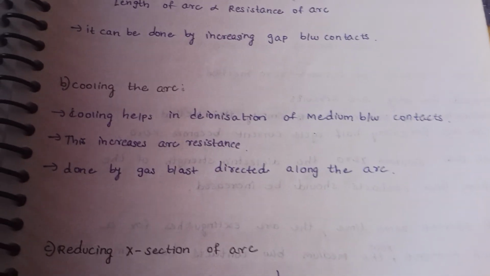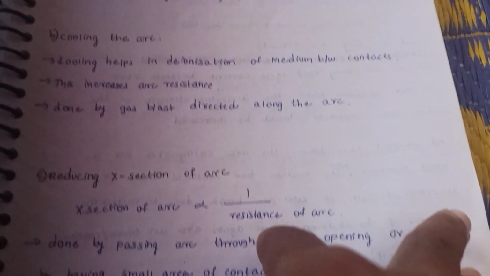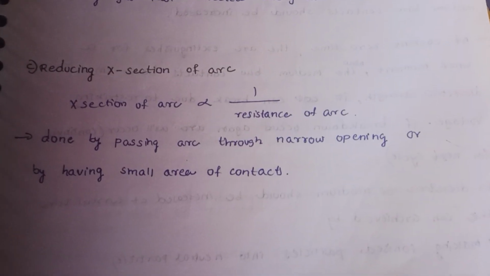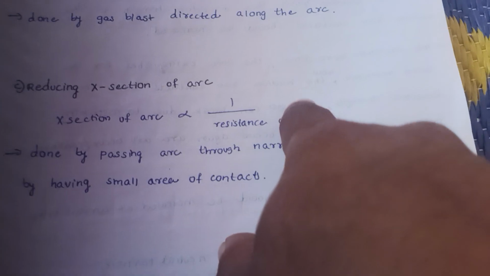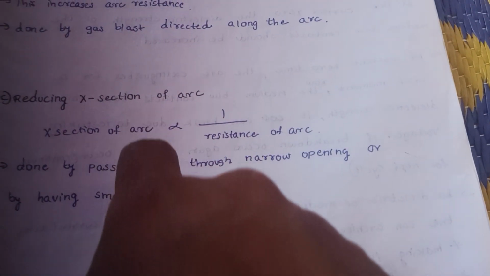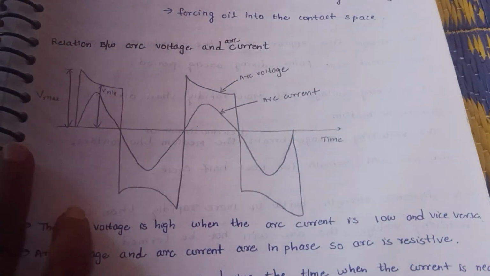Cooling the arc by sending air increases the extinction. Next, reduction in the cross section of the arc: as the cross section decreases, the resistance increases, so the arc will be quenched.